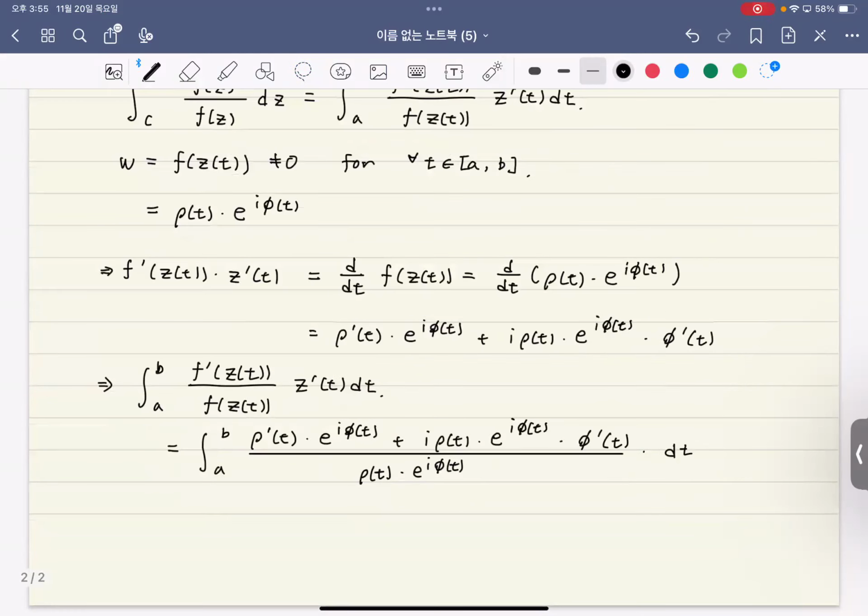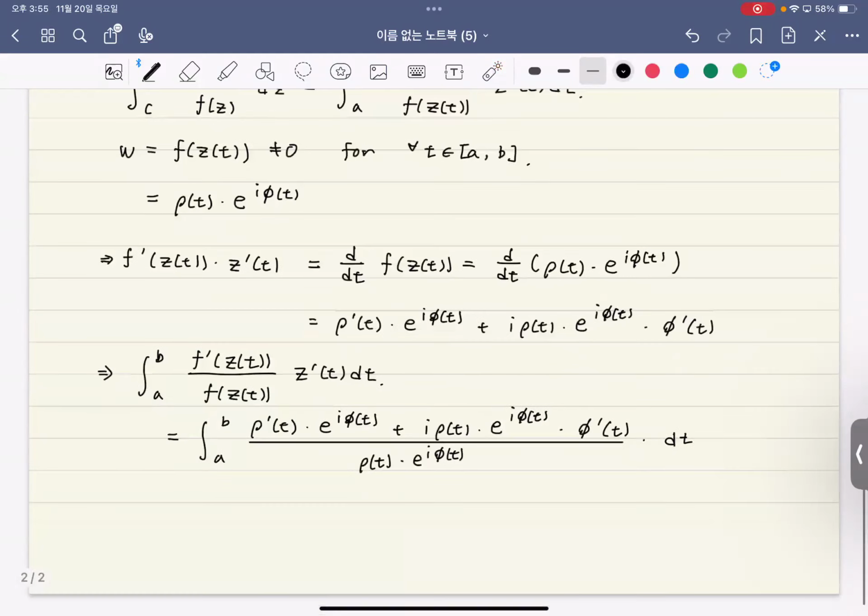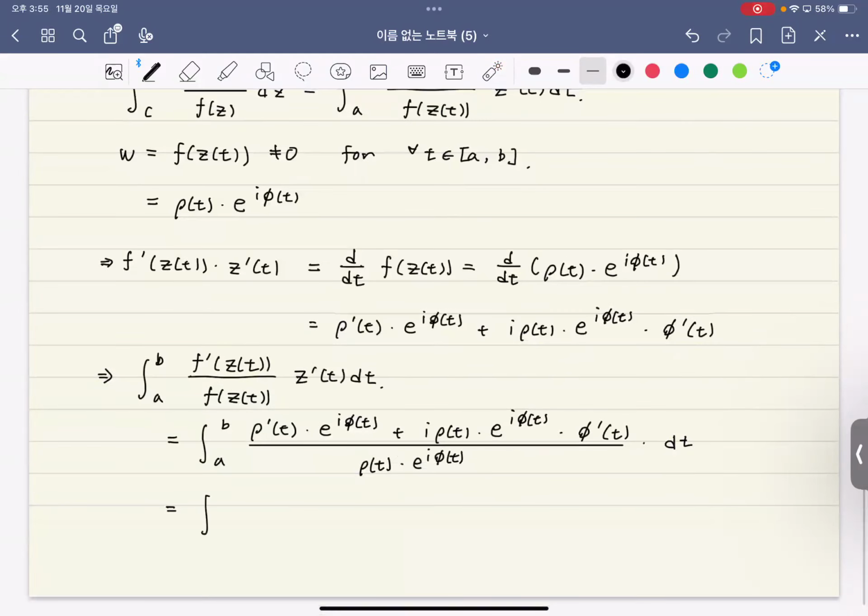Okay, and I have this factor here and there, so these two factors cancel each other out. So simplifying this, I have rho prime over rho of t, and these two guys cancel, plus i times phi prime of t, and dt.